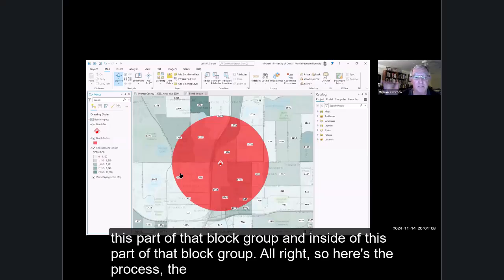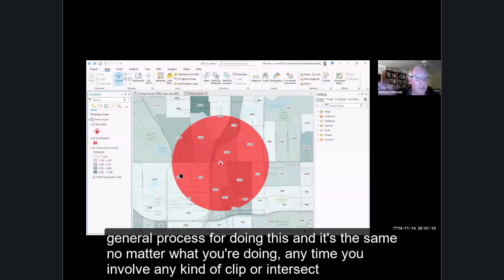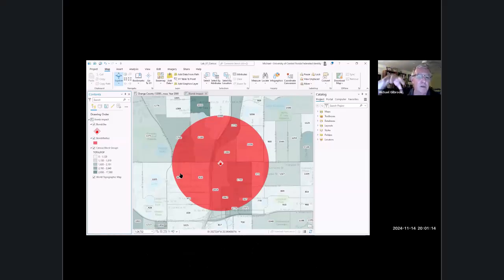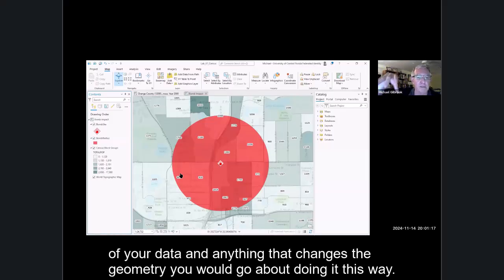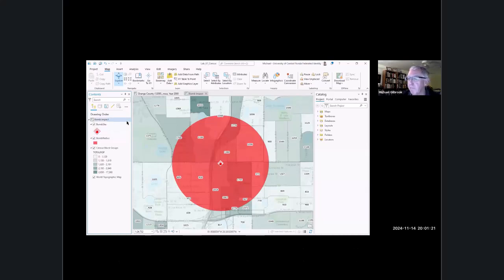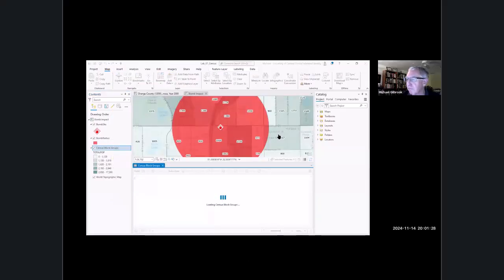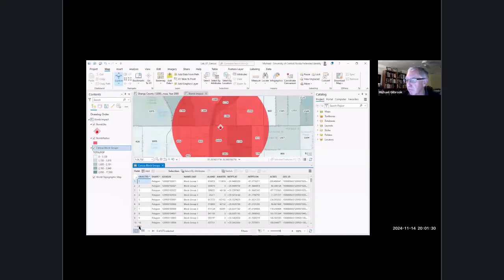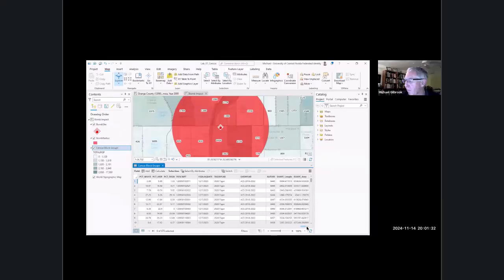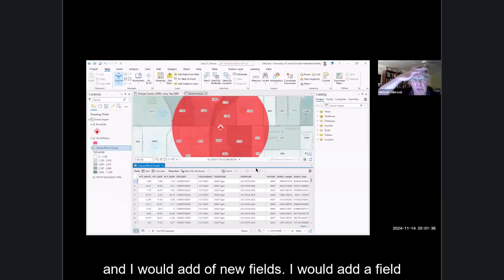All right, so here's the general process for doing this, and it's the same no matter what you're doing. Anytime you involve any kind of clip or intersect of your data, anything that changes the geometry, you would go about doing it this way. I would first go to the attribute table for my block groups, and I would add new fields.